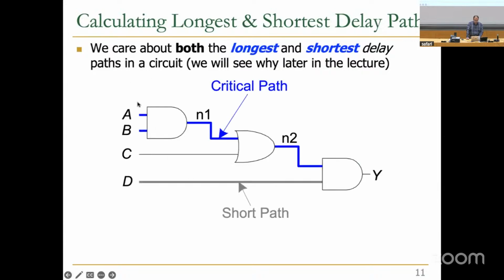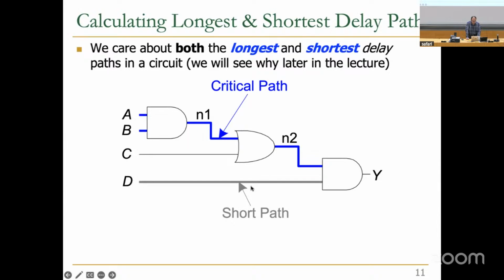Here is an example. You have this AND, and then the output goes to this OR, and then you have another AND. By checking this circuit, you can see that the critical path goes from A to Y. You need to go through this AND, then through this OR, and then through this AND. This is the critical path, or the longest delay path of your circuit.